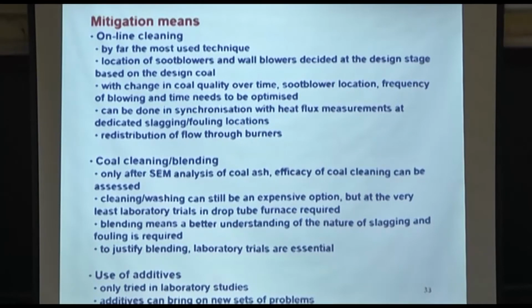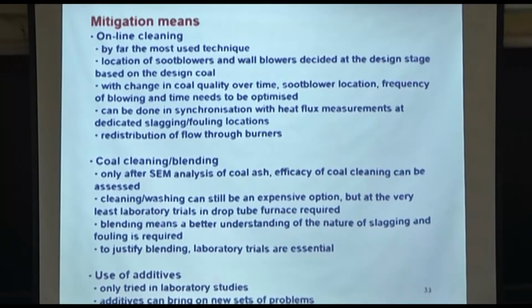So coal cleaning, either to get rid of some of the problematic species or blending it so as to bring the properties closer to the design coal, is often one strategy. But it's easier said than done, because blending is a physical event. You take something from here, something from there, and mix them. That's physical.